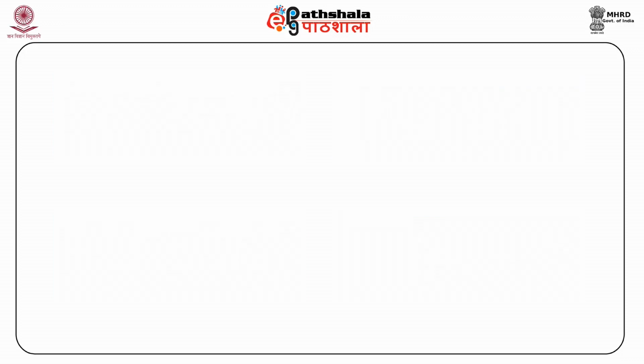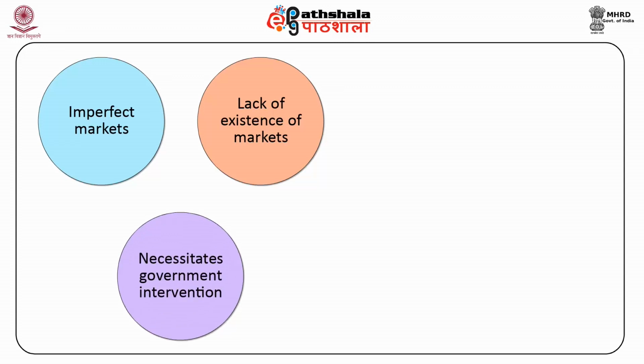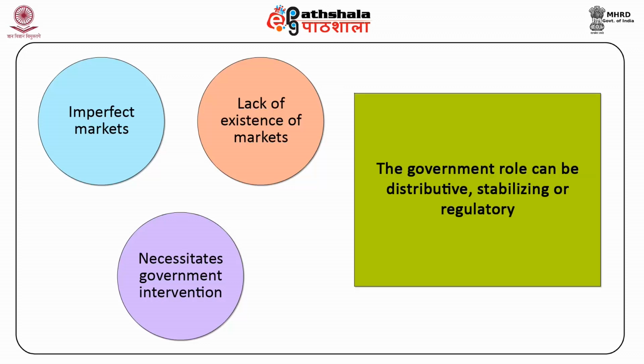The modern world is characterized by imperfect markets, and besides, there exist many goods and commodities for which there is no market. These two factors, imperfect markets and the lack of existence of markets, necessitate government intervention with a view to enhance, if not maximize, social welfare. The governmental role can be distributive, stabilizing, or regulatory.